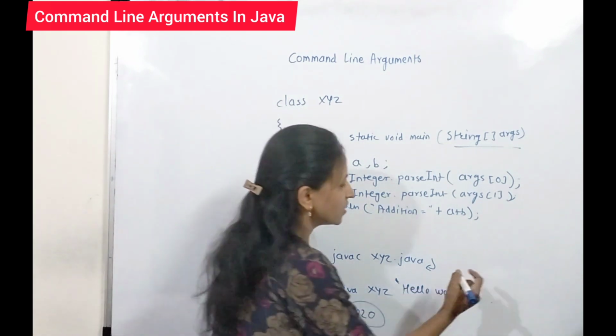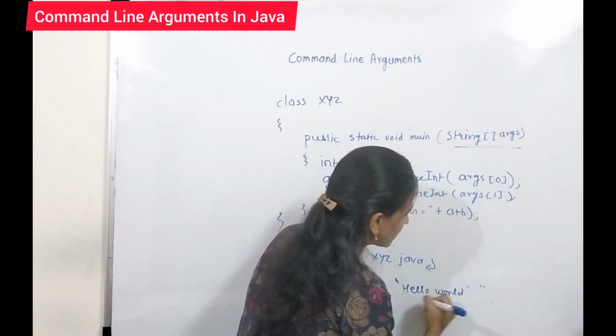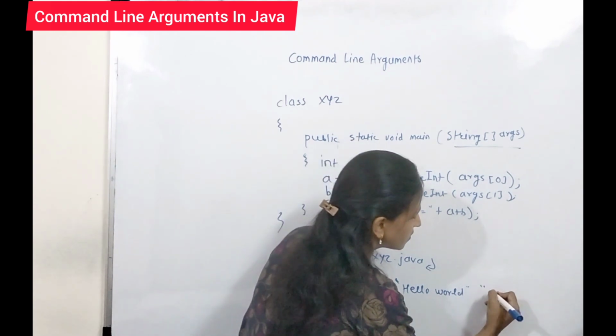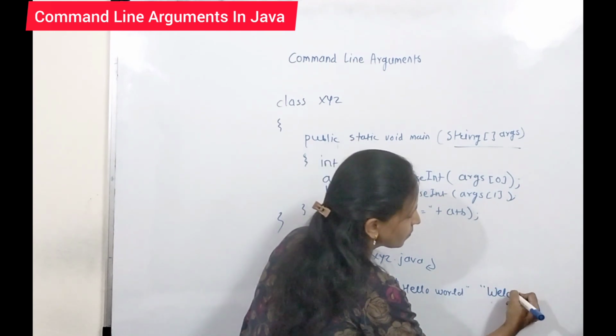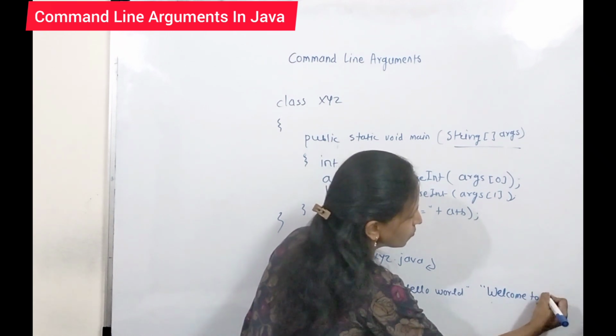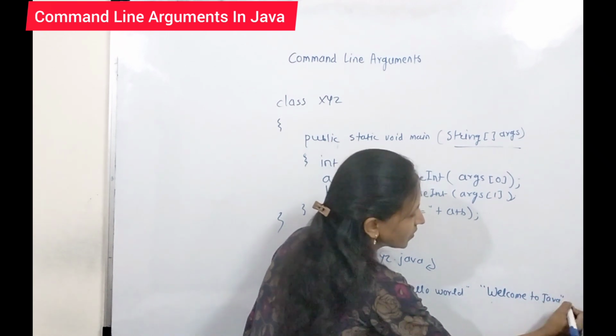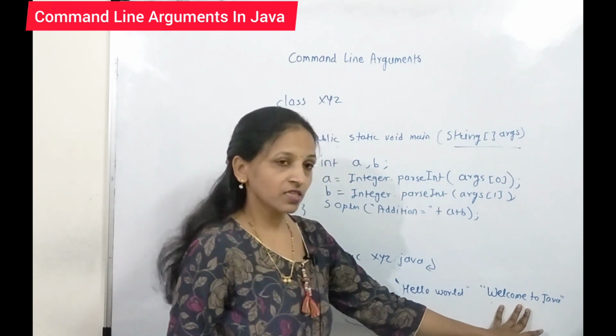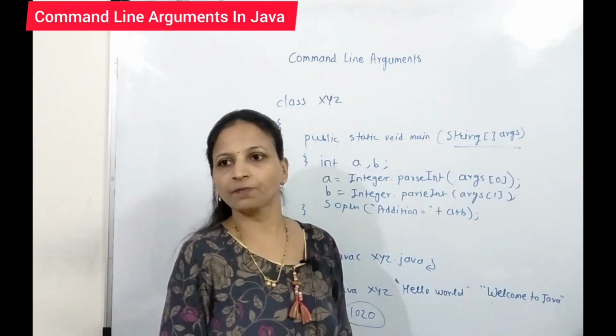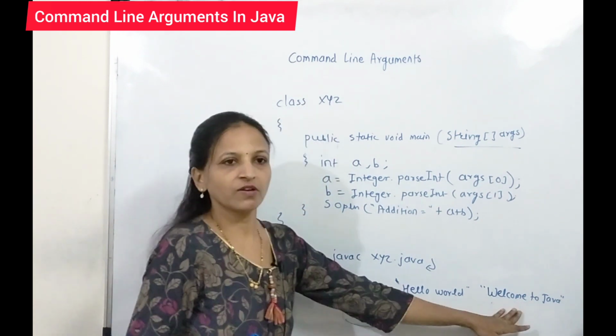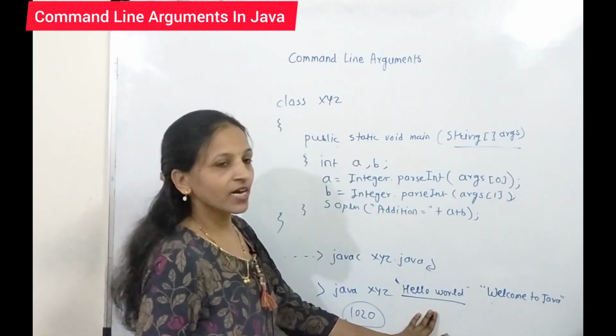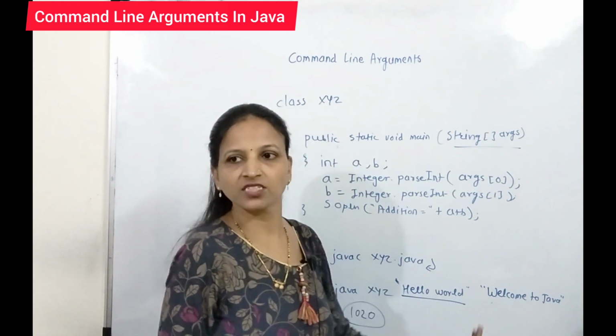Now the next, second argument, here I can pass welcome to Java. And now these two will be considered as two separate arguments. This is the only point. Here this will be args of 0, this will be args of 1.